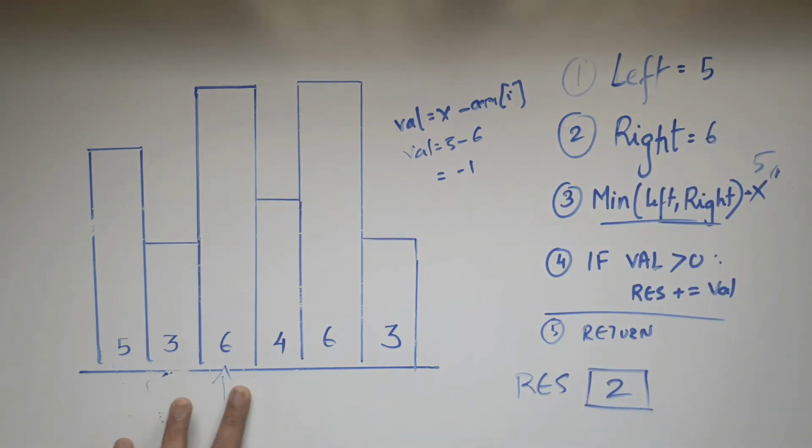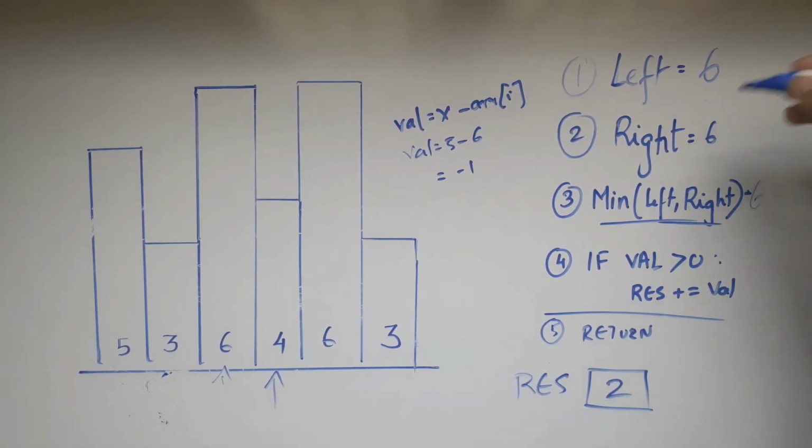Now we'll increment our pointer so that it points to our fourth element, that is of height 4 also, and we will repeat the same step. On our left, what is our largest value? Now in this case, our largest value is going to be 6, and on our right, what is our largest value? Again 6. What is the minimum of both of these values? Minimum is also 6. 6 and 6, minimum is 6.